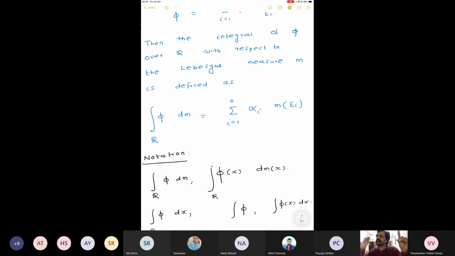And suppose the measure of Ei is infinity and the measure of Ej is infinity. Then you will have an expression like infinity minus infinity, which will not make the right hand side meaningful. That's why we are assuming it.